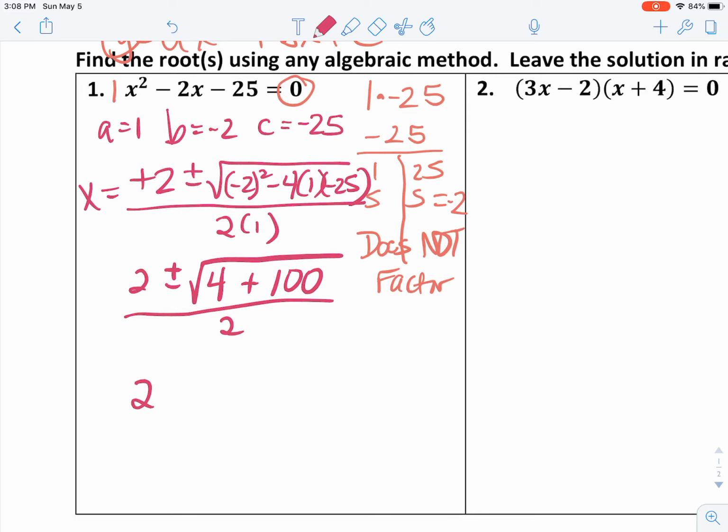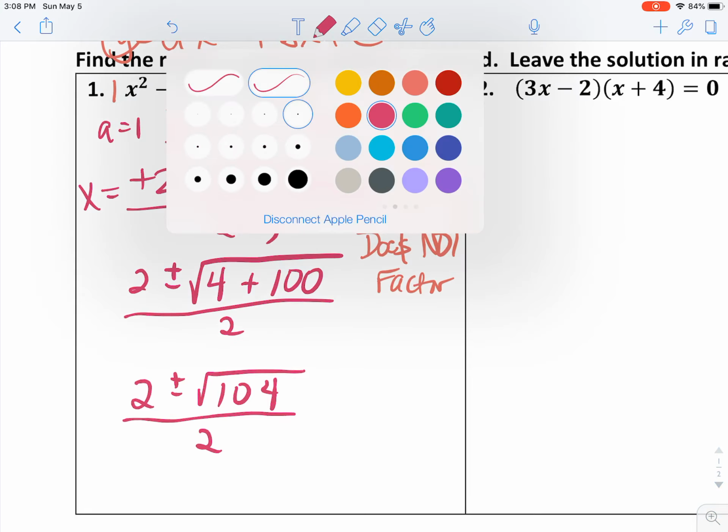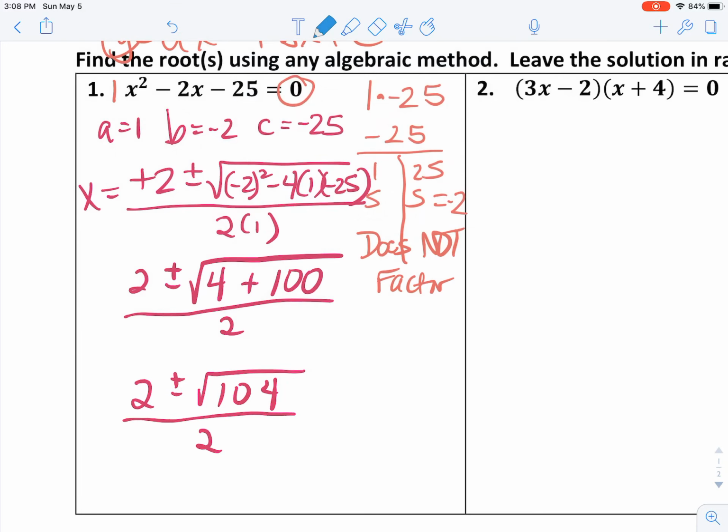So let's keep simplifying. Plus or minus the square root of 104 over 2. Let's check if this will simplify. And I think you guys learned simplest radical form in your class. So if we wanted to simplify 104, we're going to break that down, maybe 52 times 2, 26 times 2, 13 times 2.